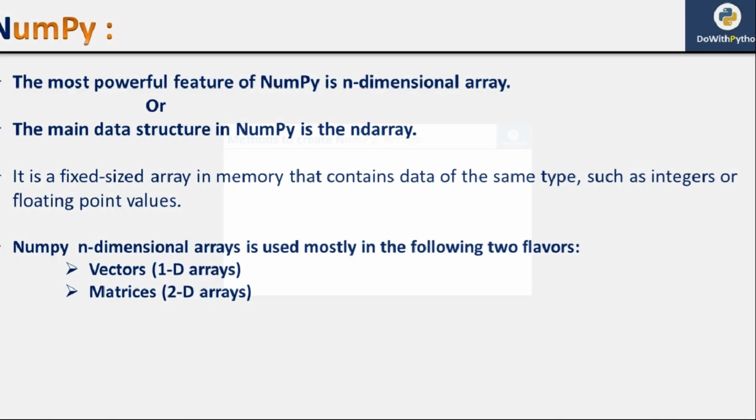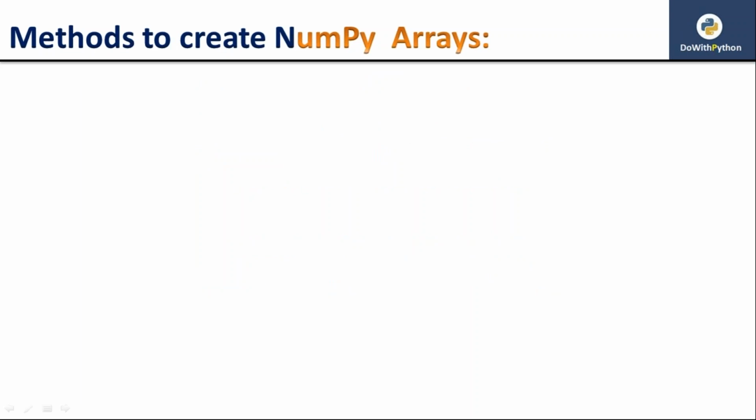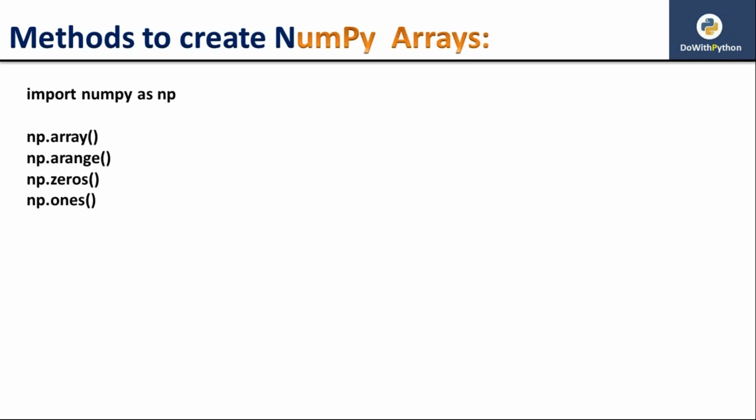In order to create arrays using NumPy you have different methods. Suppose I import NumPy with the alias name np. Now you have different methods like np.array, np.arange, np.zeros, np.ones, np.eye, random and linspace. Likewise, there are many methods in NumPy to create arrays.